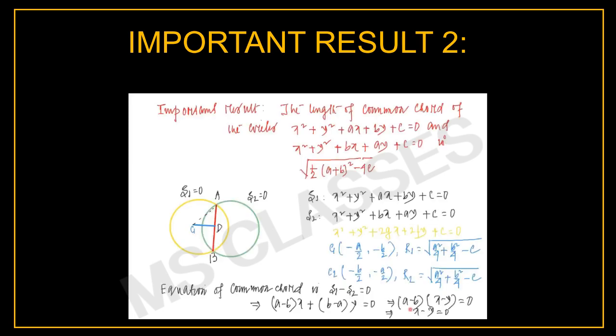We can find that very easily because we know the equation of the common chord as well as the center. So we can write minus a by 2 plus b by 2, divided by root over 1 plus 1. This will be (b minus a) by 2 root 2. Now from this we can find the length of AD.